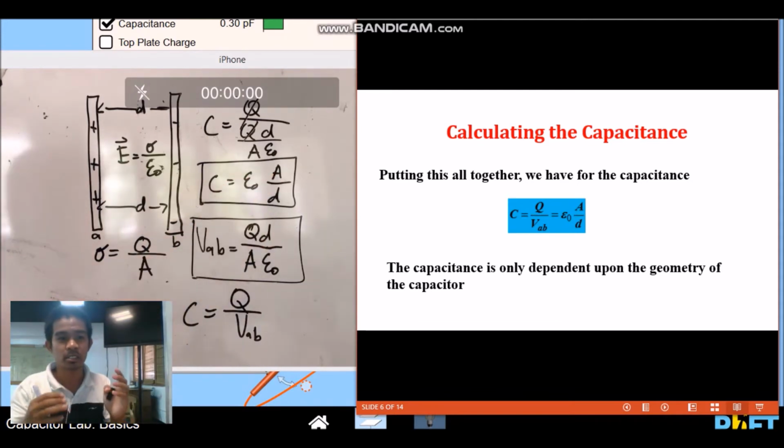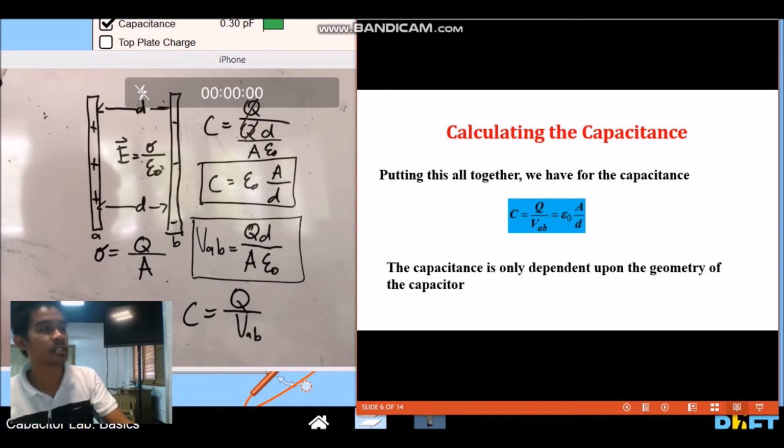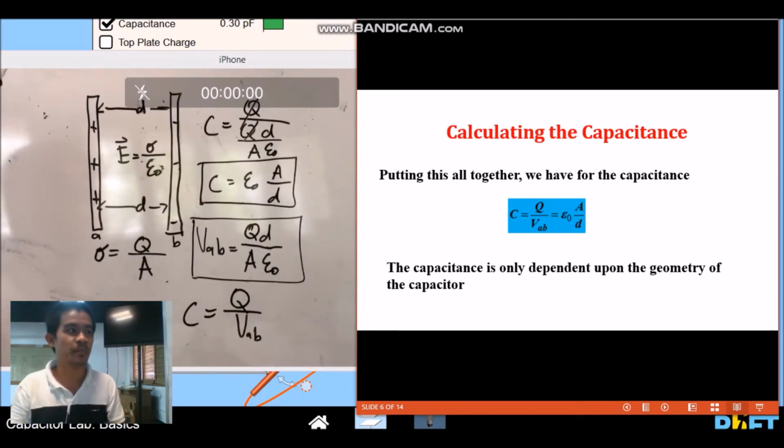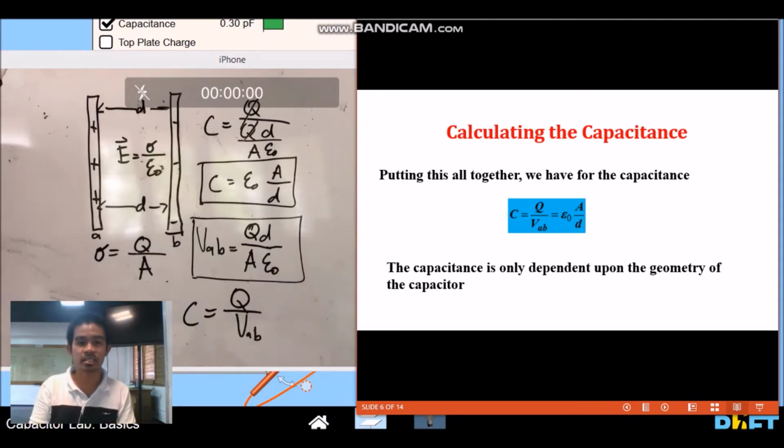It means the wider the plate, the greater the capacitance. And as you increase the distance between two plates, there is a decrease of capacitance.